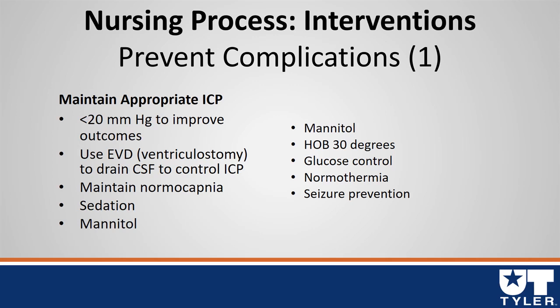Another recommendation based on evidence is to maintain normocapnia with these patients. Hyperventilation used to be used to induce vasoconstriction in these patients to reduce ICP, but now studies show that normocapnia is better.